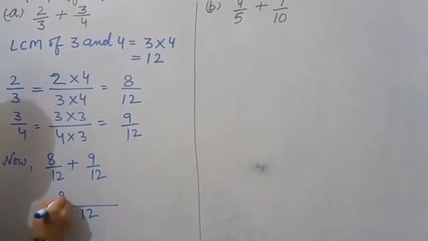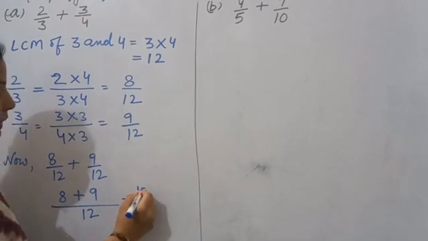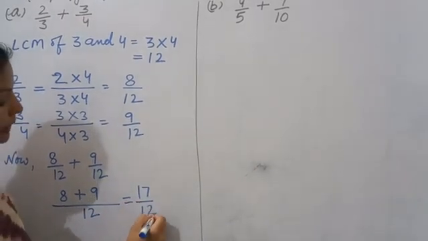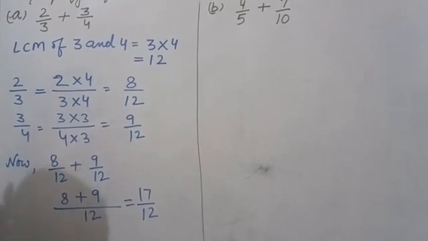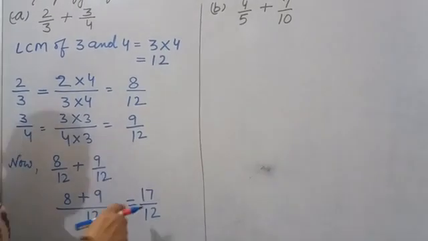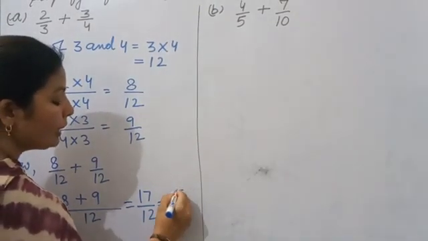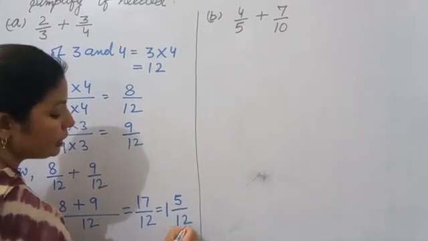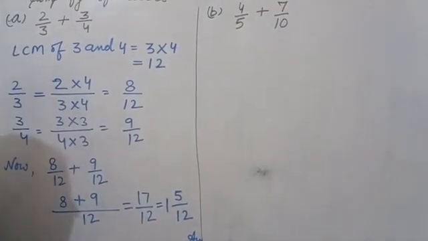So now 8 plus 9. 8 plus 9 is 17 upon 12. Now it is an improper fraction. So for that we will change it into mixed. So 17 divided by 12, so you will get 1 whole 5 upon 12. That's your answer. When you divide it, you will get this as the answer.